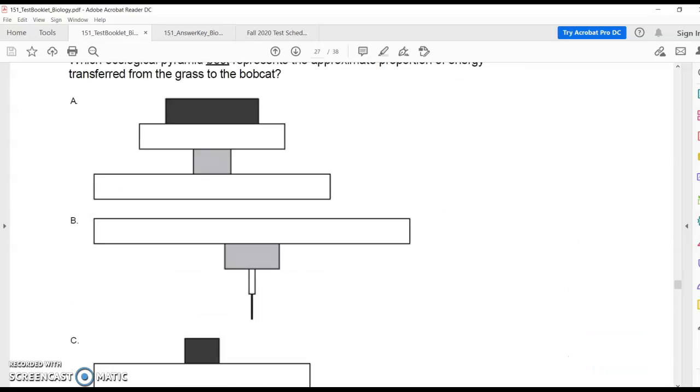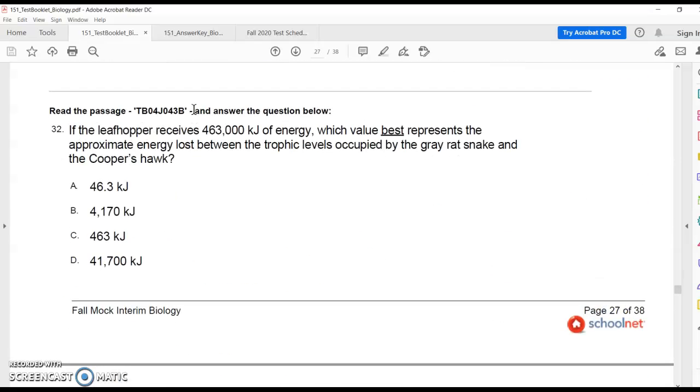However, the question is asking specifically which value best represents the approximate energy lost between the gray rat snake and the Cooper's hawk. So you would actually subtract the 4,630 that the gray rat snake receives minus the 463 that the Cooper's hawk will approximately receive.